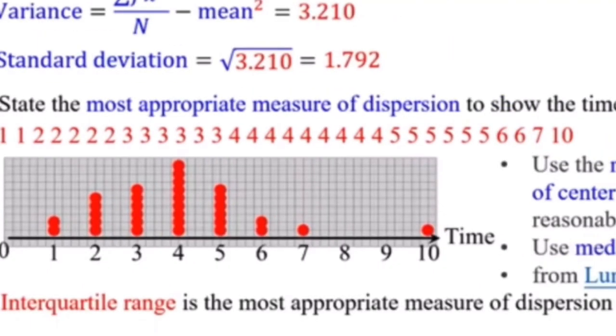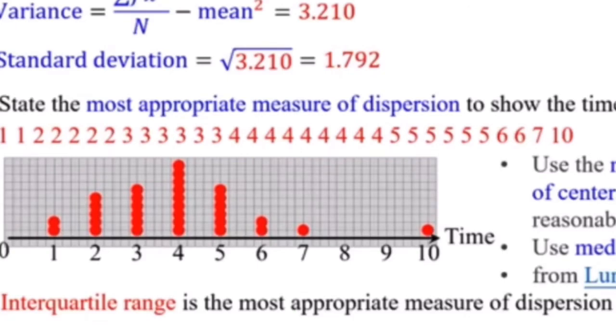That means we follow the textbook. We were just assuming that there is an extreme value or outlier. Some of you might doubt whether 10 is the outlier or not.